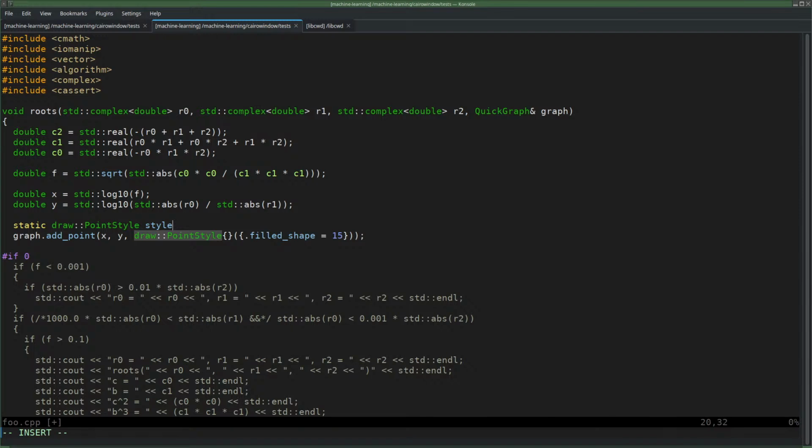Style. Can you create it like this or not? I doubt it actually.